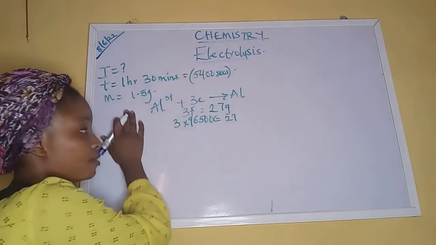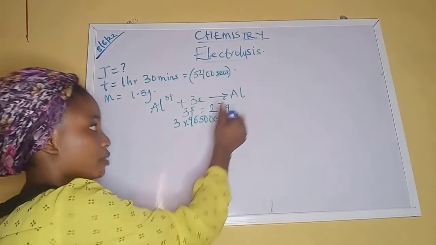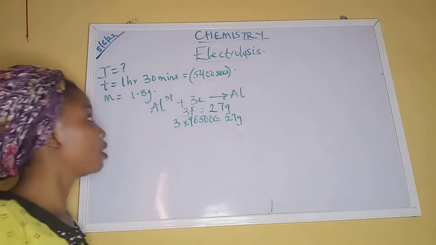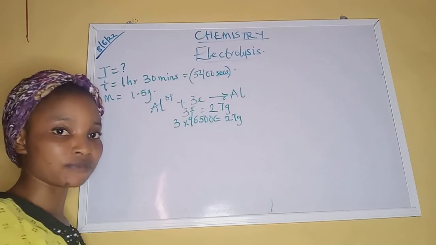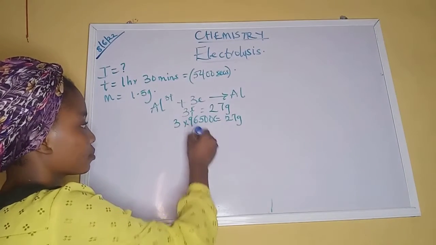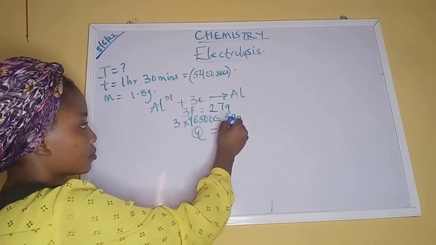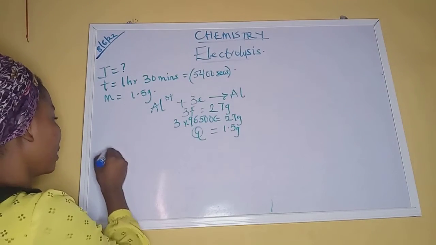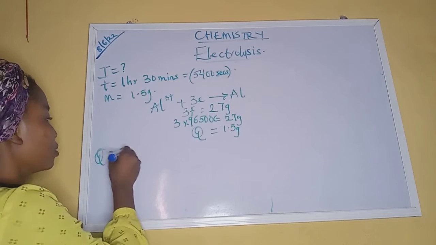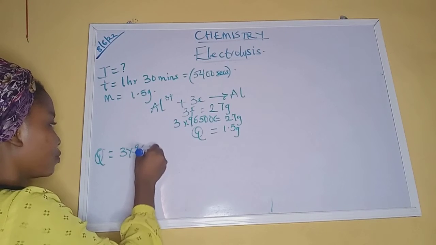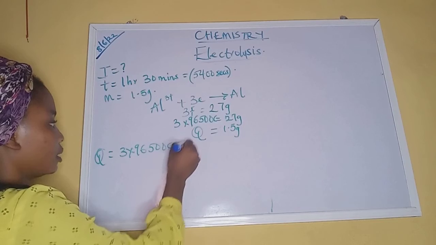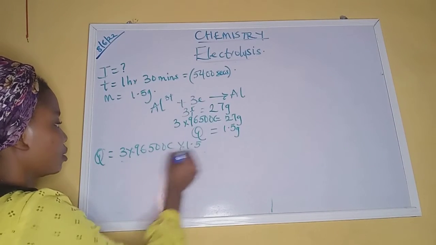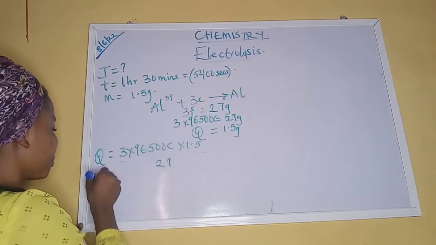So if 3 Faradays could give 27 grams of aluminium, how much electricity will give 1.5? By the time we cross multiply, Q becomes 3 times 96,500 coulombs times 1.5 all over 27.